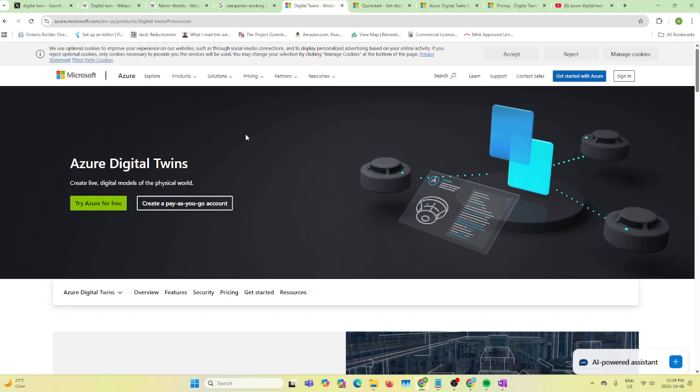I feel like in the next wave after that whole AI bubble, this is probably going to be the next big thing in technology.